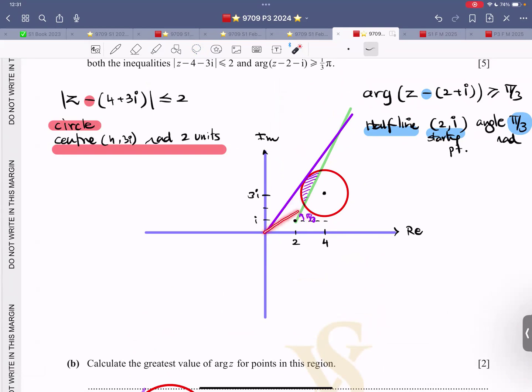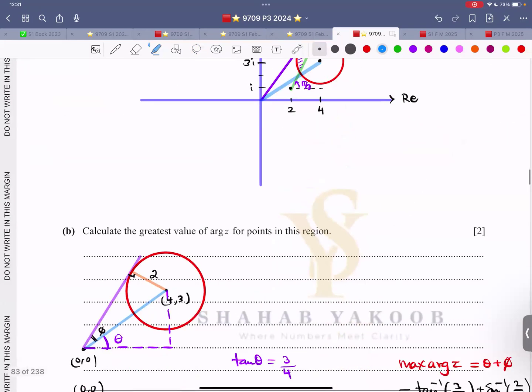So what I can do is that let me draw a line like this. Let me calculate this angle over here. And then let me calculate this angle over here. That is what I'm doing. So let me draw a blue line from here to here. Not this thick. The blue line from here to here. That is what I've drawn.